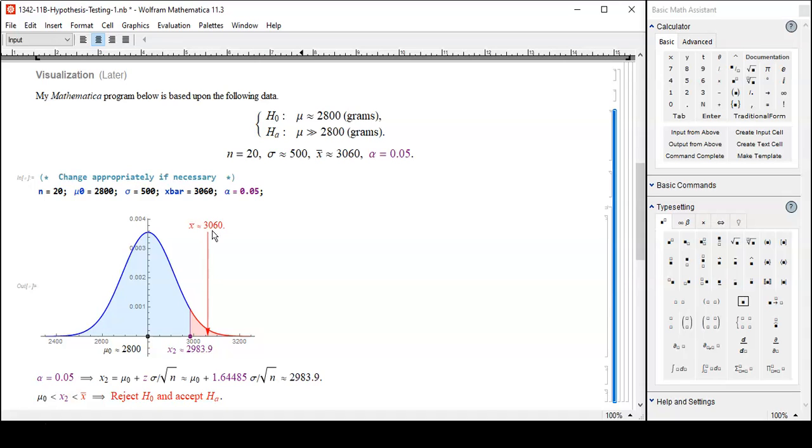But as you see in this case, it went to the red region, so far away from the null. So I'm going to reject the null hypothesis and accept the alternative hypothesis. Yes, mean birth weight increased. So we have sufficient evidence to declare that this new parental care program did help improving the newborn babies' health.